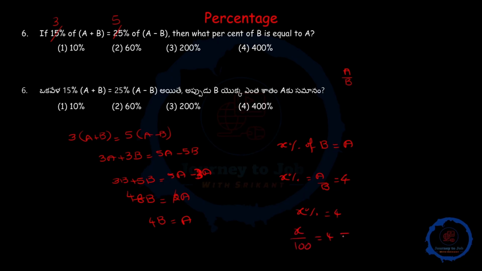So x is equal to 400. Otherwise, we know 1 is equivalent to 100%, then 4 is equivalent to 400%. This is derived from fraction to percentage conversion, and percentage to fraction conversion. So 400% is the answer.